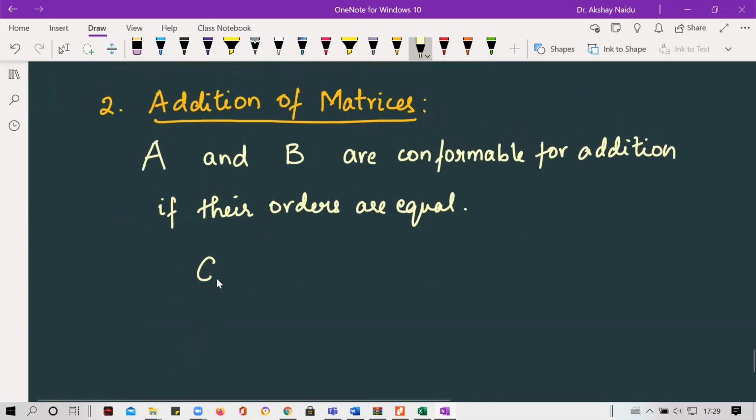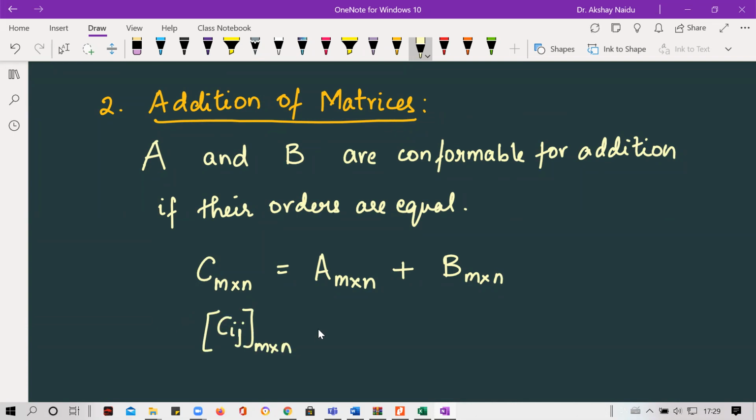So see, matrix A and B will give rise to matrix C, provided the A and B matrices are of the same order.